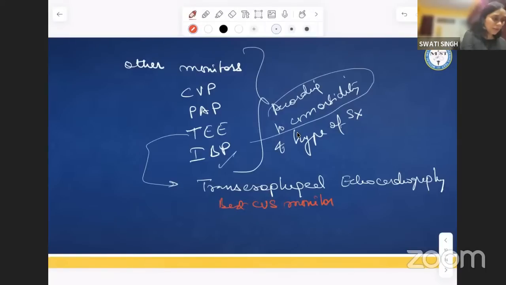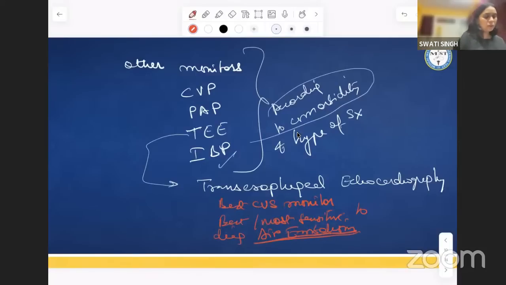The next thing which can be asked, this is the most sensitive to diagnose air embolism. Got it? So this is the best monitor to diagnose air embolism. Got it?